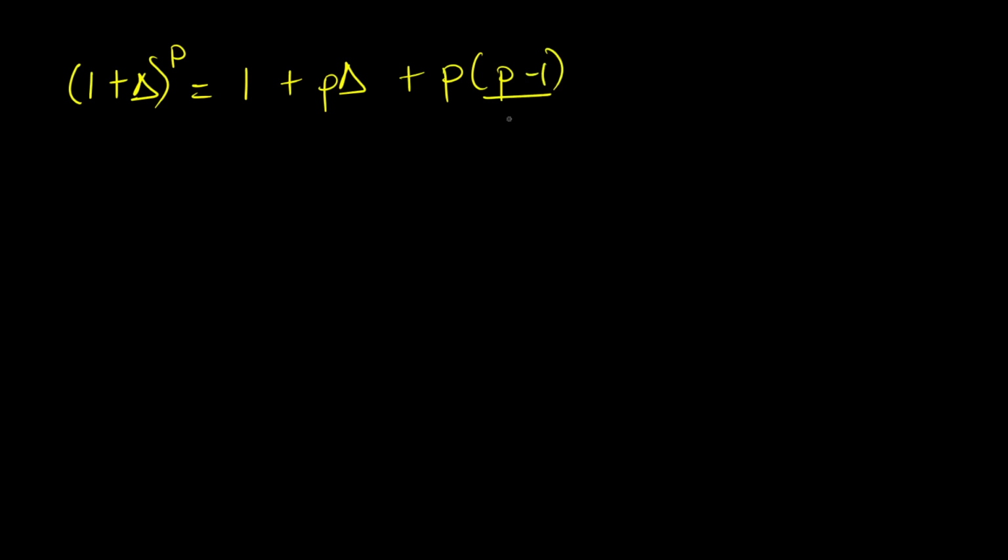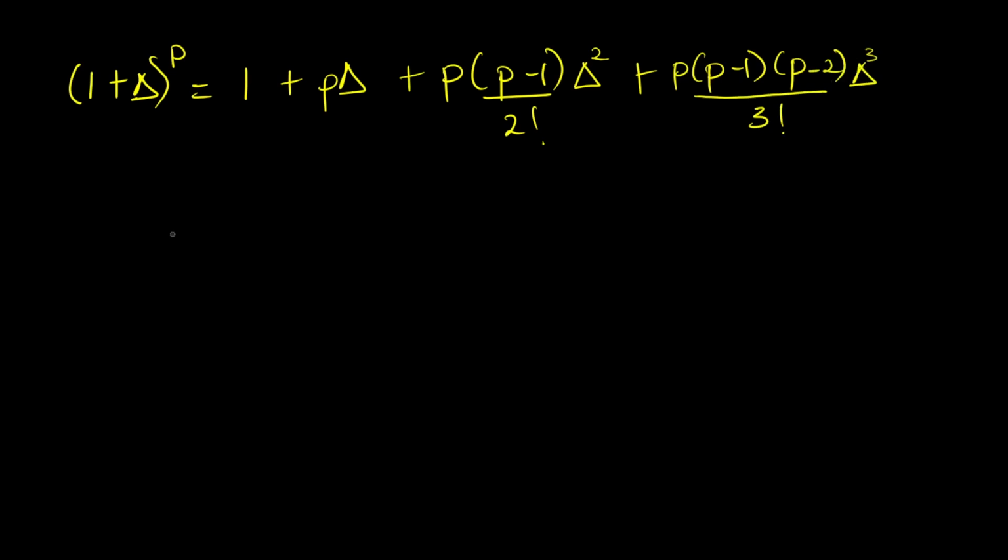That is going to yield 1 plus delta raised to the power of p, which is equal to 1 plus p delta plus p into p minus 1 all over 2 factorial delta squared plus p into p minus 1, p minus 2 all over 3 factorial delta cube.